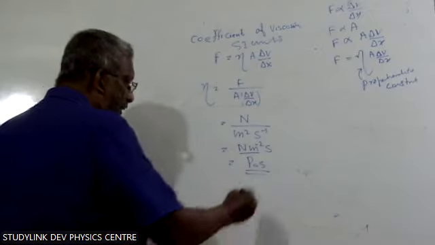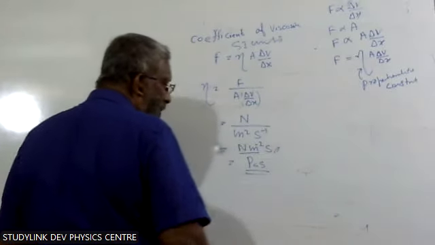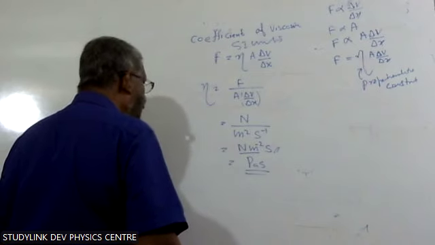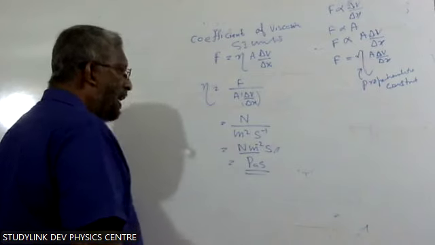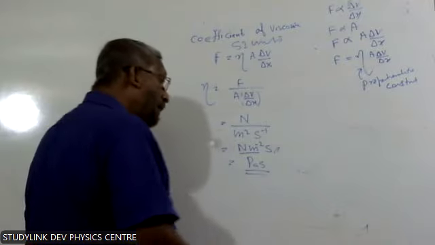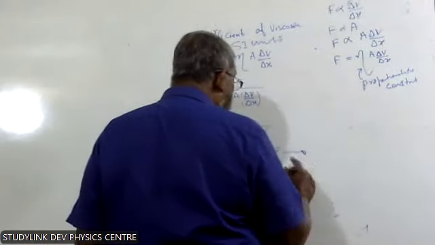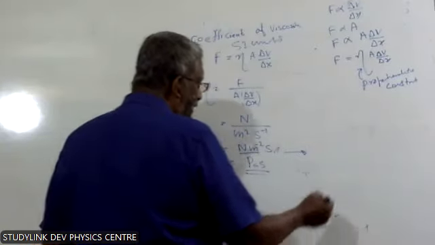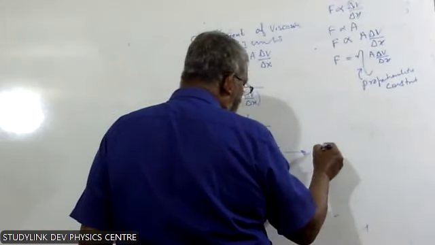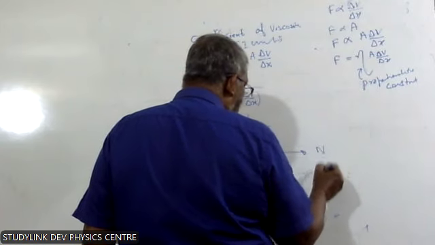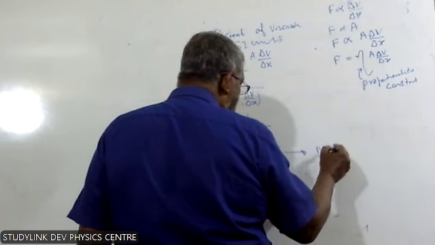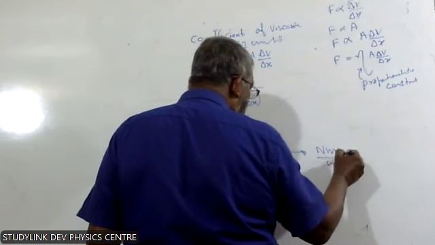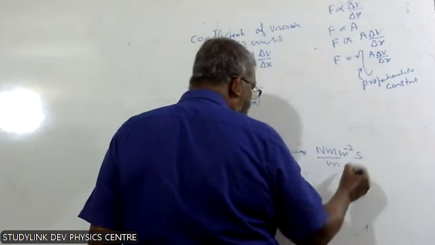This is normally considered. Sometimes in MCQs they ask which can be measured, then they change these ones. So Newton, you can write like this: Newton meter divided by meter, m^-2 s.